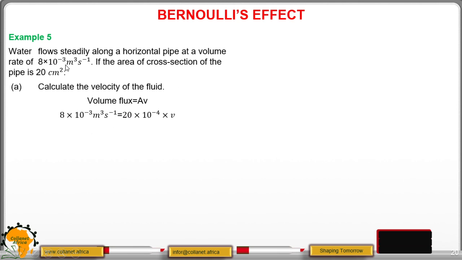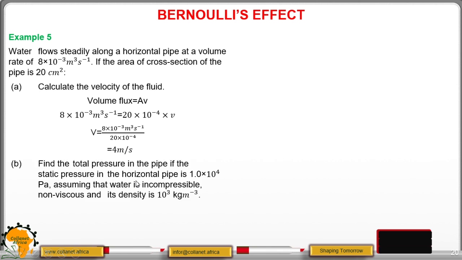You convert the area into square meters by multiplying by 10 raised to power negative 4, or you can even divide by 10,000. So if you divide, you will get this value now. So the velocity of this fluid at this section is 4 meters per second.